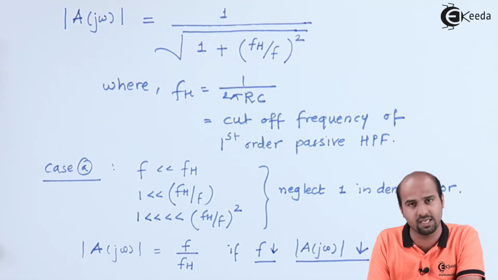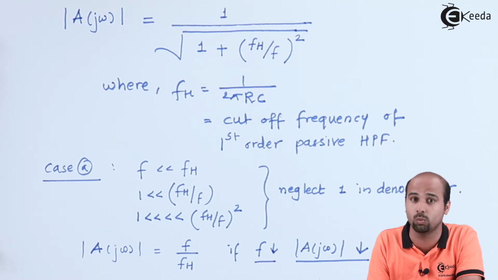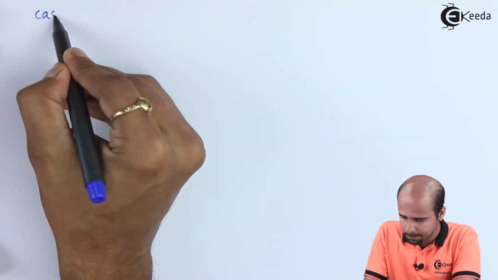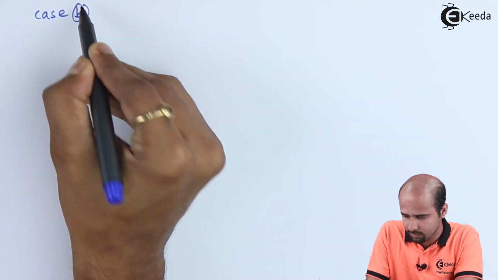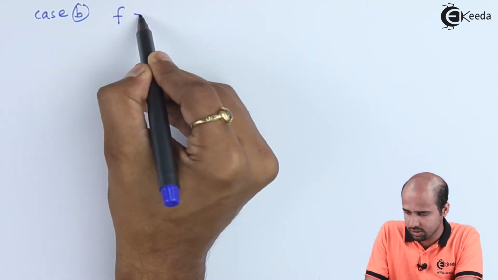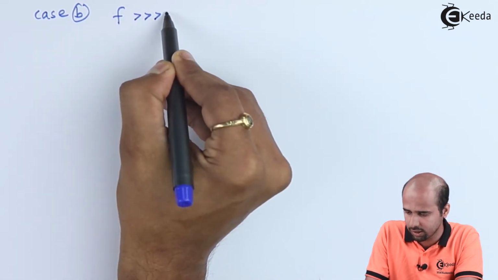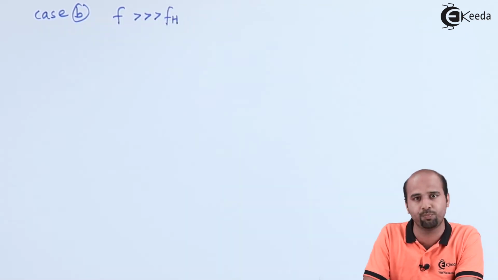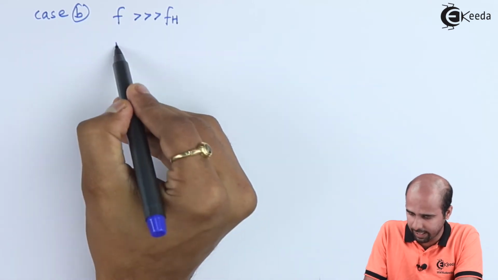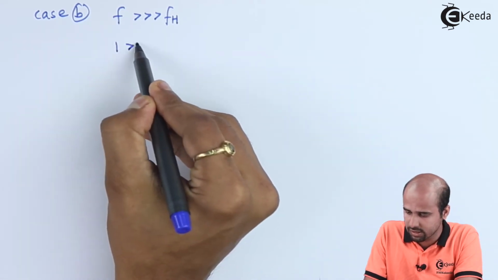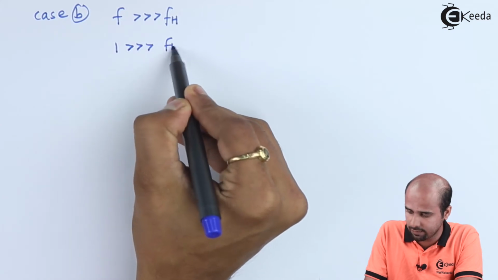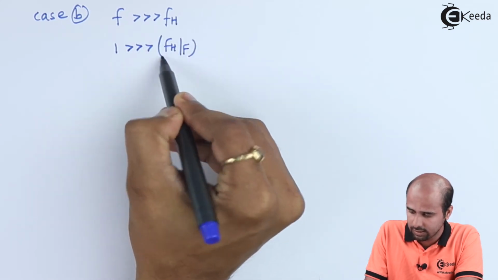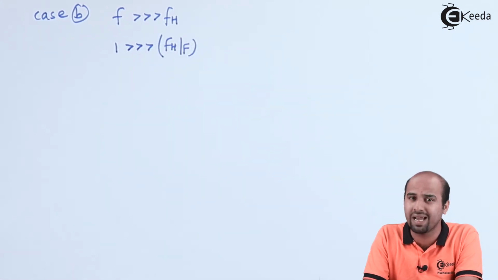We will treat case number B, which is nothing but your frequency is much greater than fh. Then what will happen? If f is much greater than fh, then I can make a statement that 1 is much greater than fh by f. This means fh by f is very less than 1.